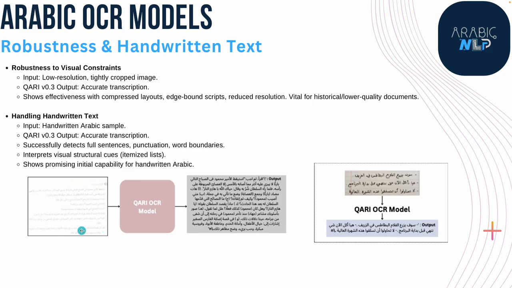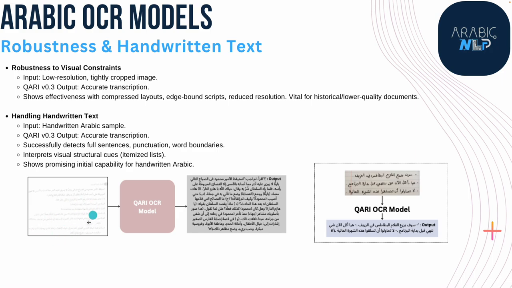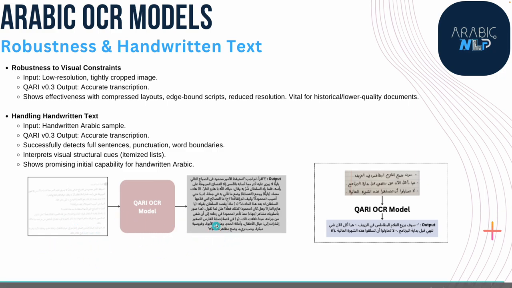Okay, and our Qari model, and especially the version 3 model, which was trained with this layout awareness, still provides accurate prediction of the text. This shows it works well even with images where text is close to the edge or in compressed layouts.